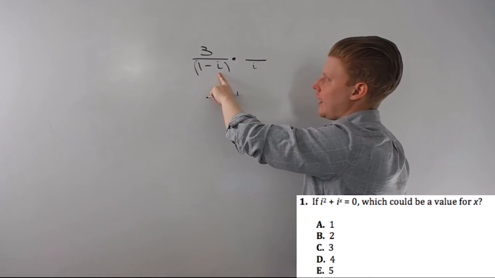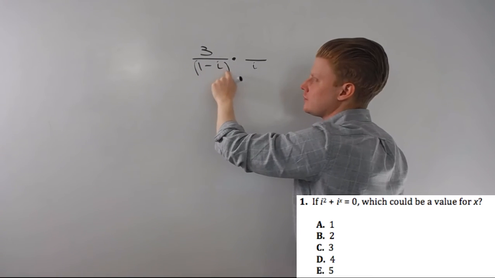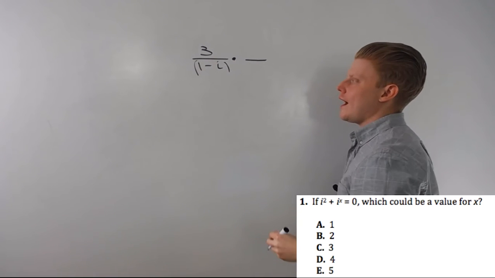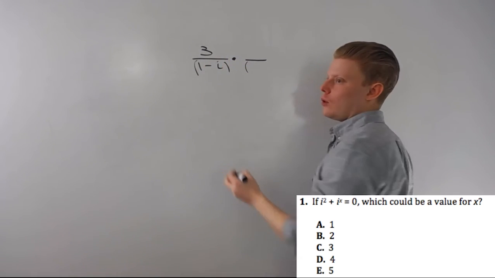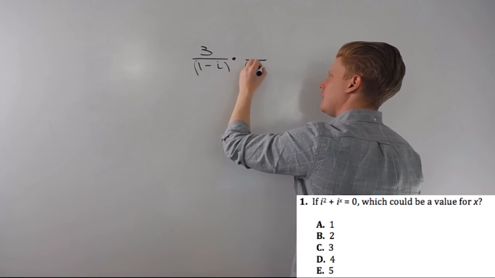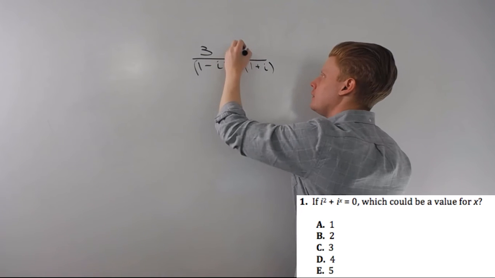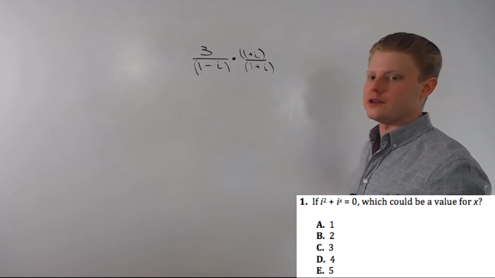Great, I've gotten rid of this i. But now I'm going to distribute an i here, and I've just shifted the i from here to here. So I have to multiply this binomial with something that will allow the middle term to cancel. And if you're thinking difference of squares, you're right on. Difference of squares is also covered in the intermediate factoring video.